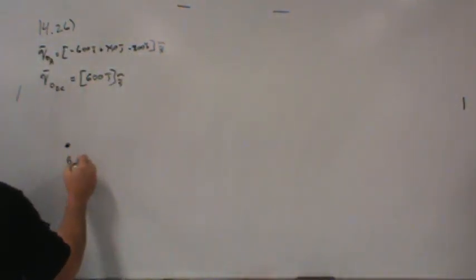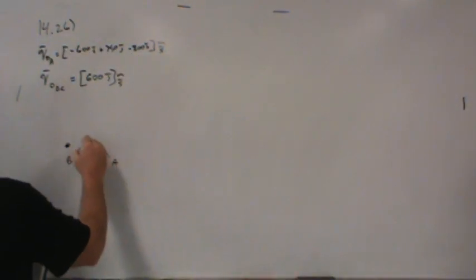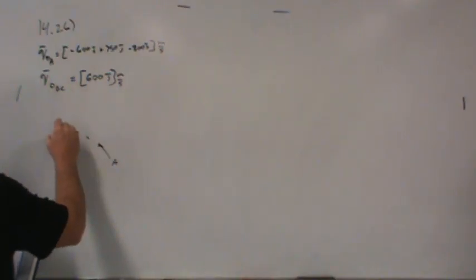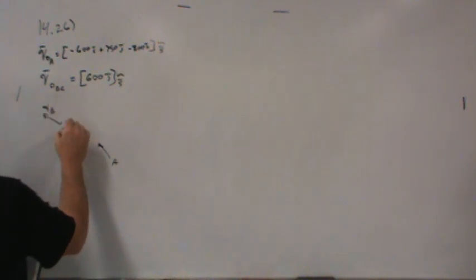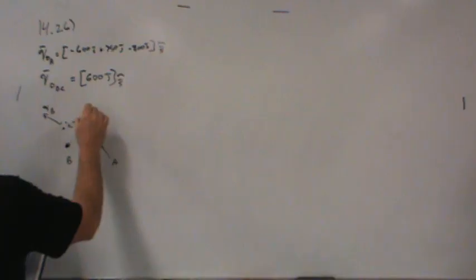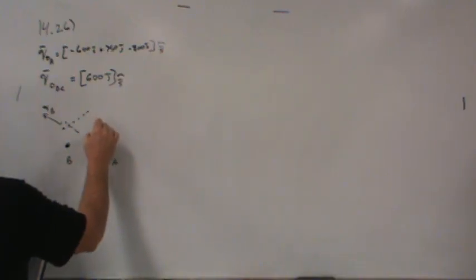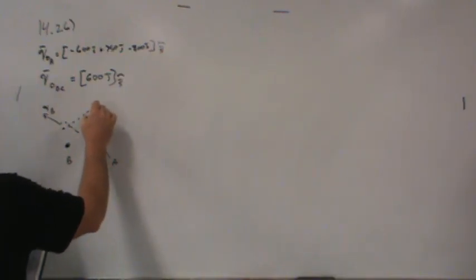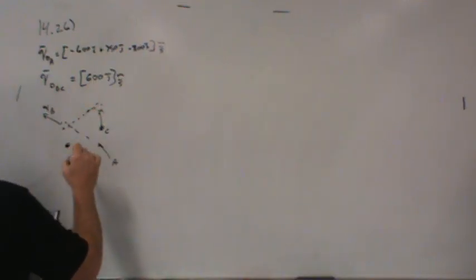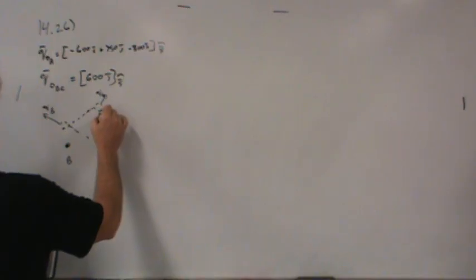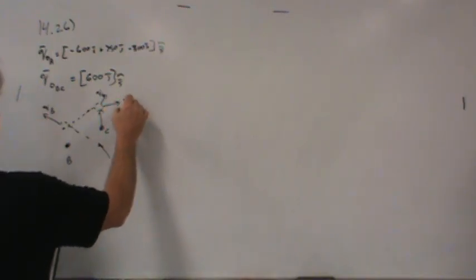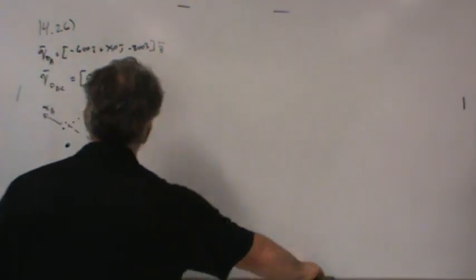So B is somewhere here, A comes along and impacts it, and then B goes flying off, something like that, while A, the alpha particle, goes over and hits particle C, which also is moving along, such that C goes off something like this, and then A goes off finally something like that. Look at the figure in the book. It'll make a lot more sense than my drawing here.